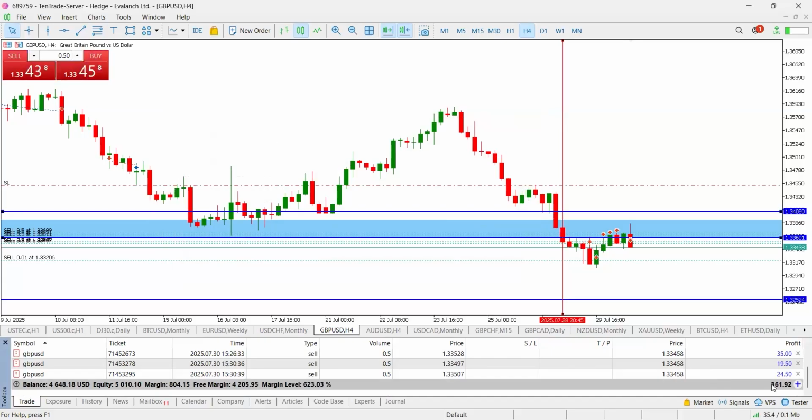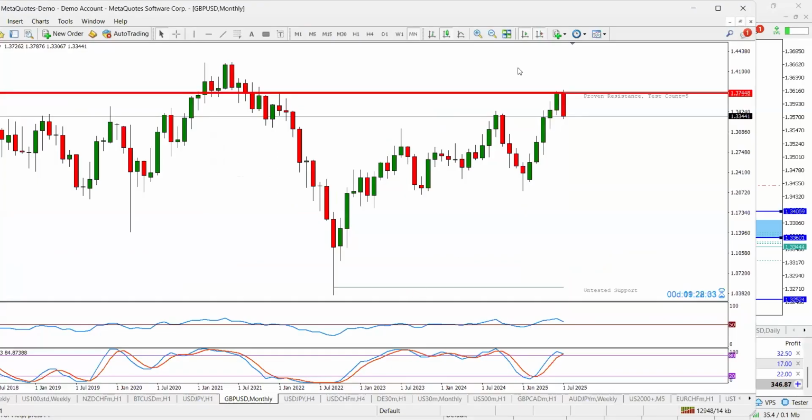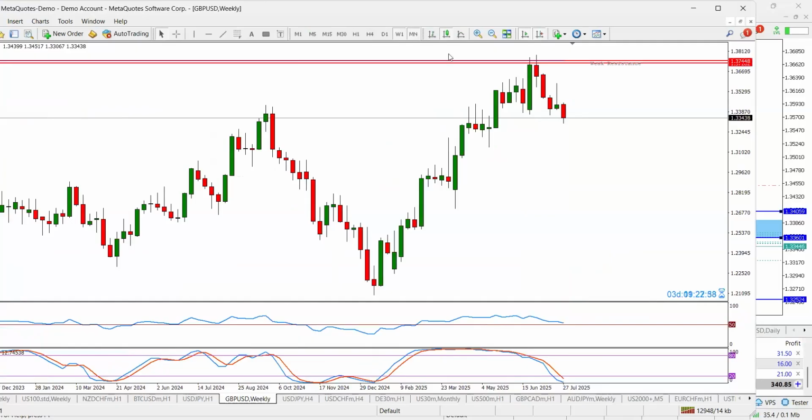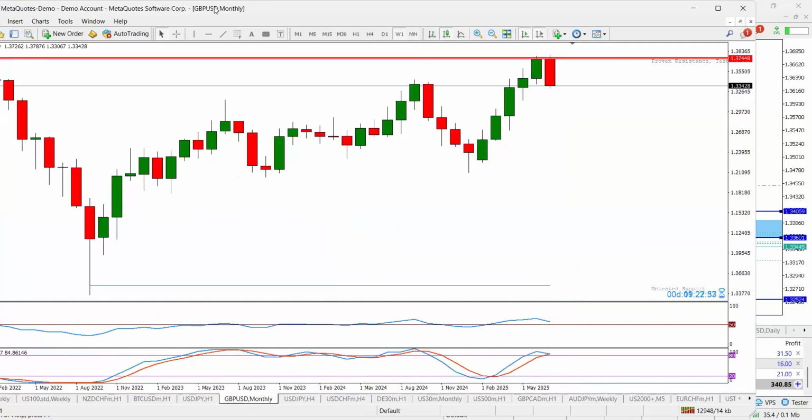Okay. All right. Let's continue with GBP USD, right? So this is monthly. This is weekly. You can see how on the monthly, look at this candle here. Look. For how many months? 1, 2, 3, 4, 5 good months. GBP USD was going up.